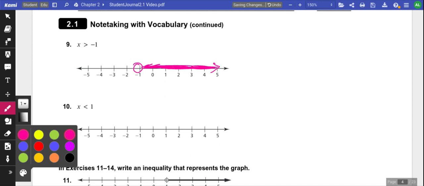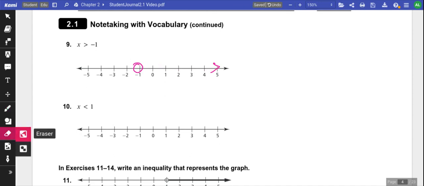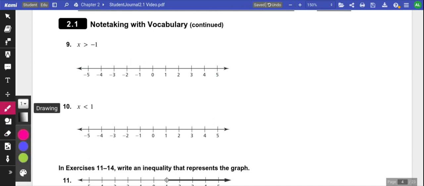Sometimes when you draw these number lines yourself, it's hard to see or looks really messy. If it's easier for you, you can always just draw the line above your number line. That's just as fine.